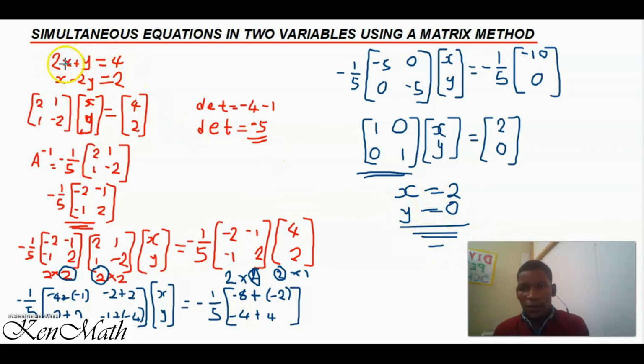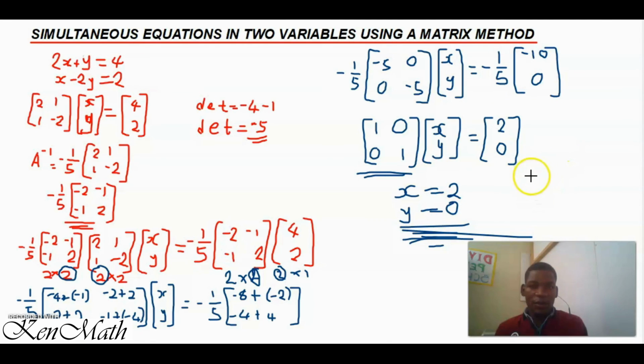So let's replace. When we put on x 2 times 2 plus 0, it gives us 4. And then here we put 2 times 0, it is 0, and then plus 2, it gives us a 2. So our answers, they are correct.